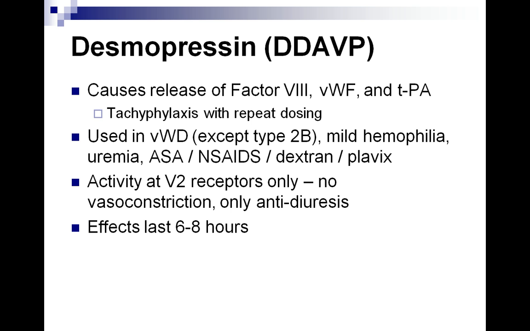Now this DDAVP stands for arginine vasopressin, but the activity is really only at the V2 vasopressin receptors, which means that you don't get any of the vasoconstriction that you see with regular vasopressin. But you do see some of the antidiuretic effect. And usually the drug lasts for about 6 to 8 hours.